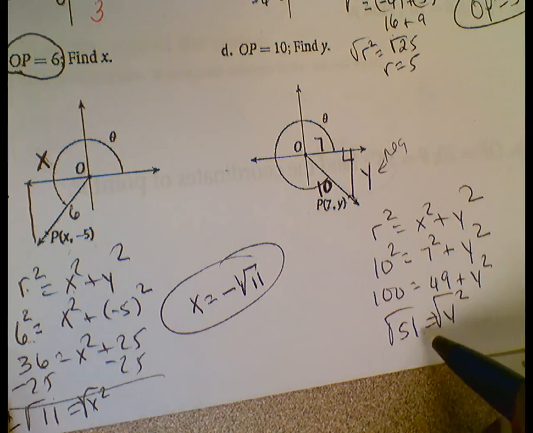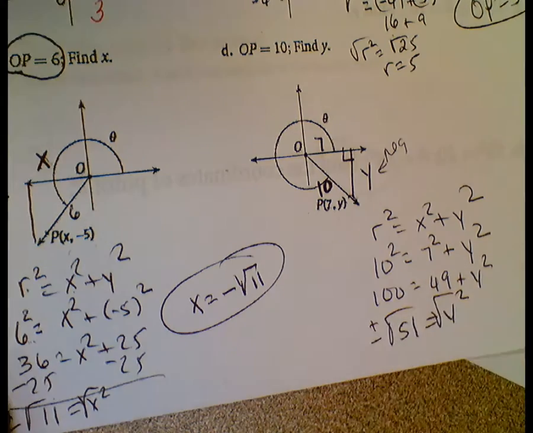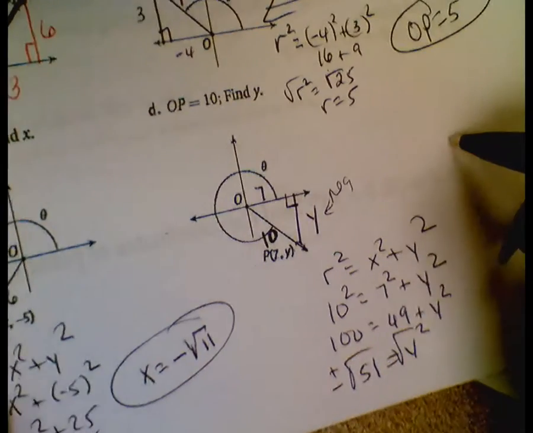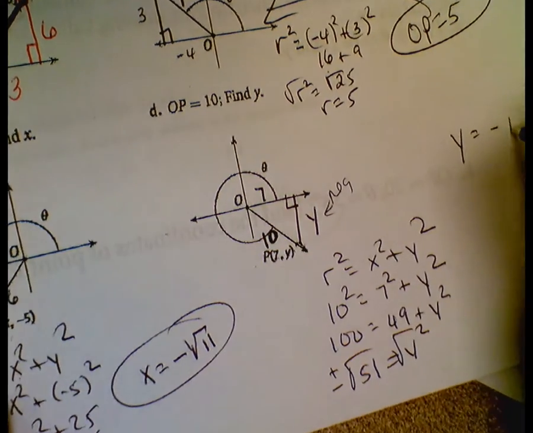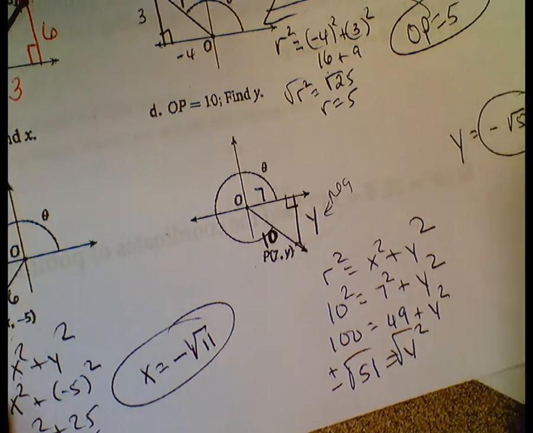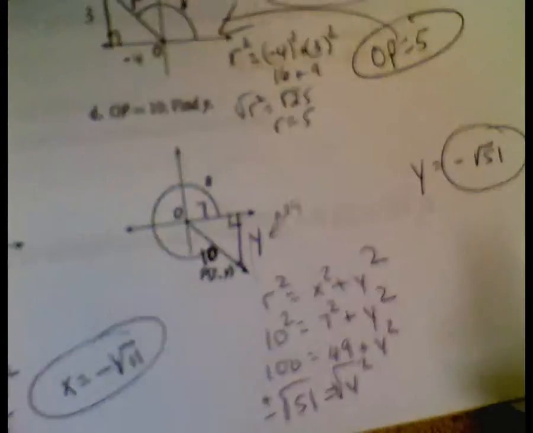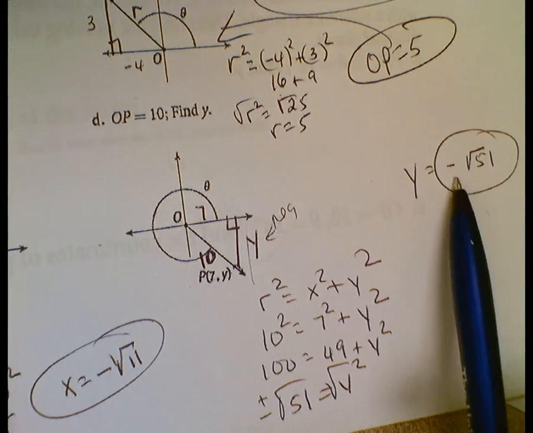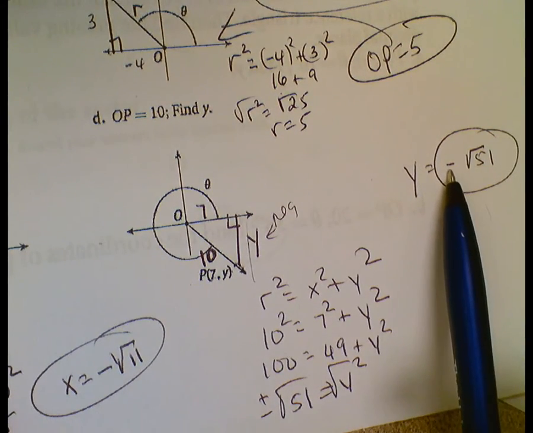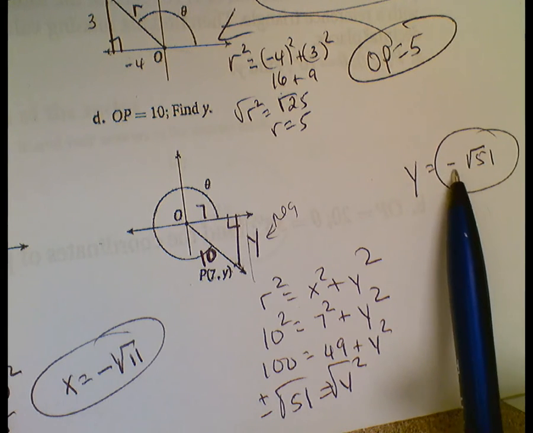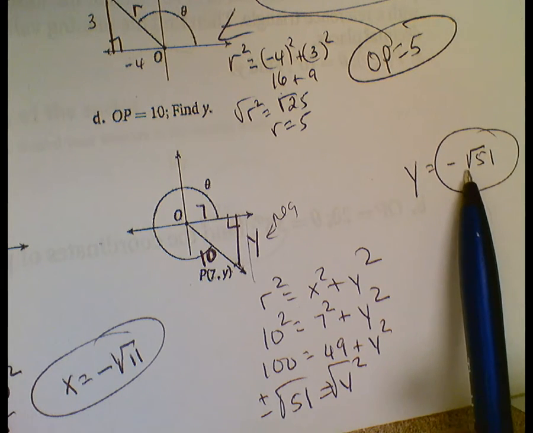So my answer is going to be radical 51, but is it plus or is it minus? It is minus. It's negative because we went down. And just so you know, negative radical 51, 49 is 7, so that's a little bigger than negative 7. A little bit further down than negative 7. And that's your answer. Yay!